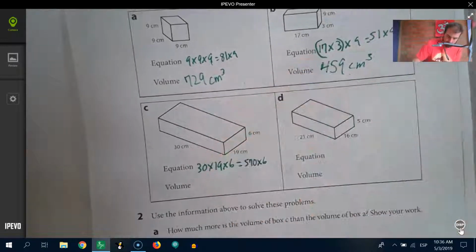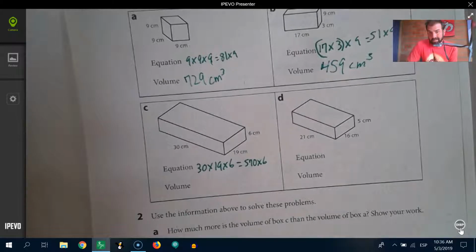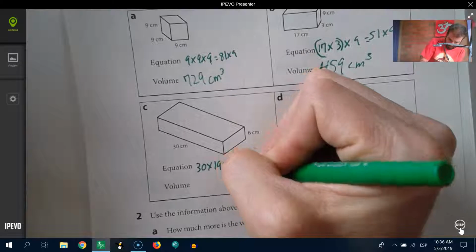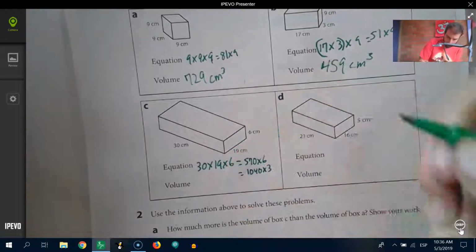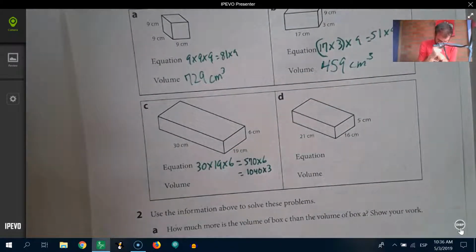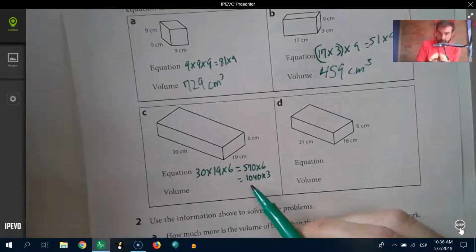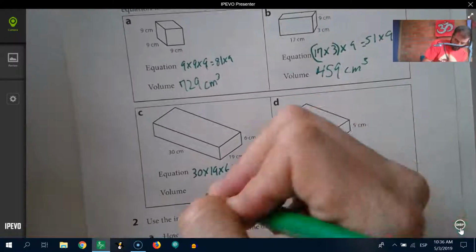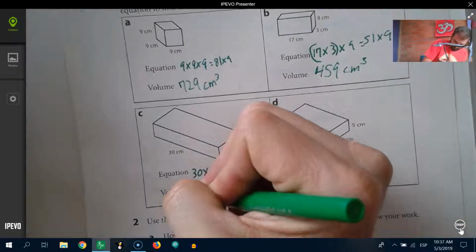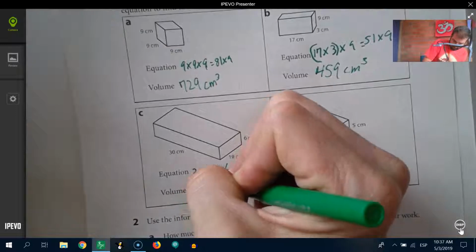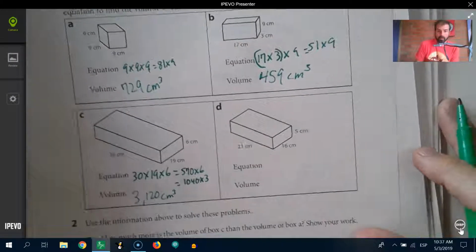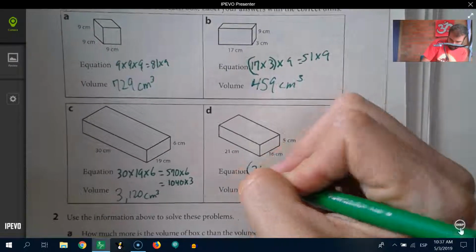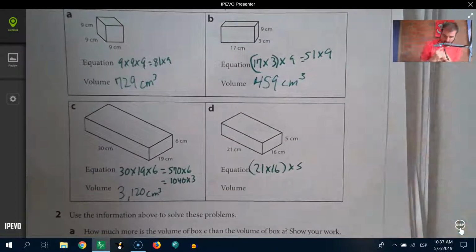Times 6. And what if I double and halve here to get to 1,140 times 3? So 1,000 times 3 is 3,000, and 140 times 3 is 420, so that would be 3,420 cubic centimeters.